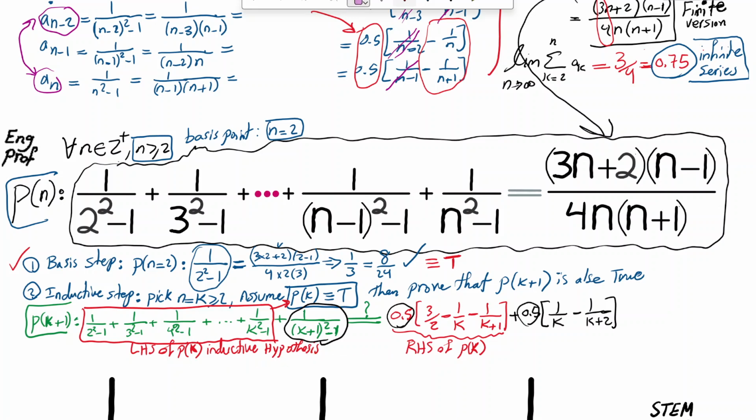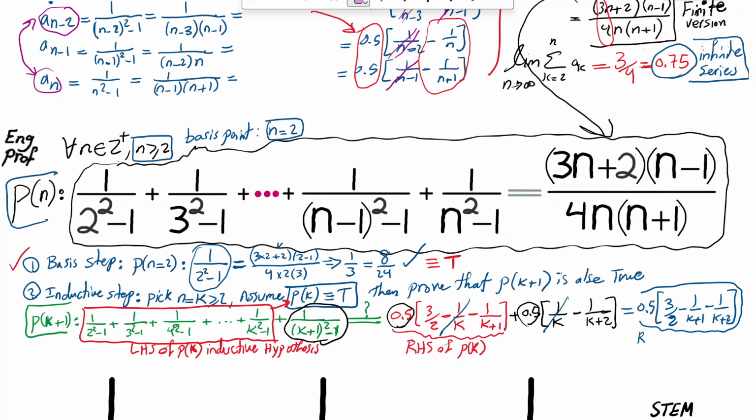So instead of this left-hand side, I just wrote the right-hand side. Factoring out 0.5, you can see that the 1 over k and negative 1 over k cancel out each other. So what remains is 0.5 times 3 over 2 minus 1 over k plus 1 minus 1 over k plus 2, which is exactly the target right-hand side of P of k plus 1.